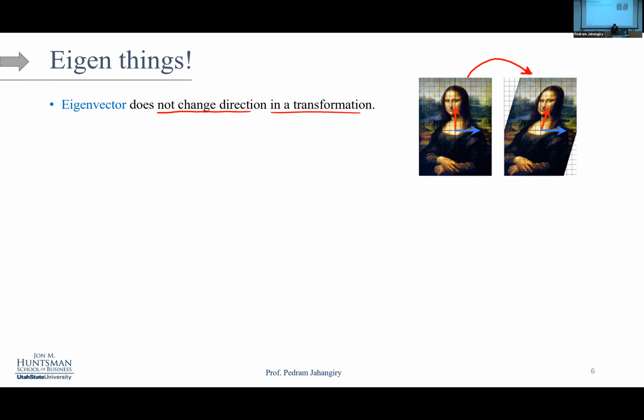Let's say I'm keeping track of 2 vectors in the data, the blue and the red one. I want you to just stare at the blue and the red arrows after the transformation, and then answer this question: which of these 2 arrows is going to be the eigenvector? Look at that very simple definition of eigenvector.